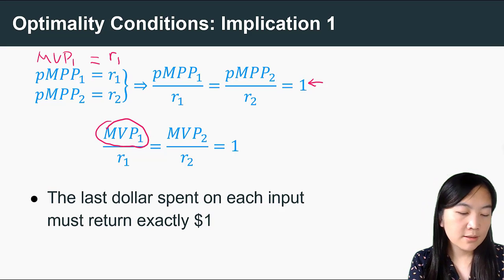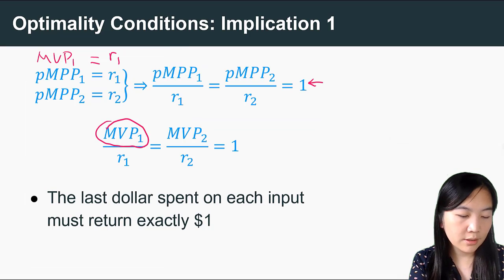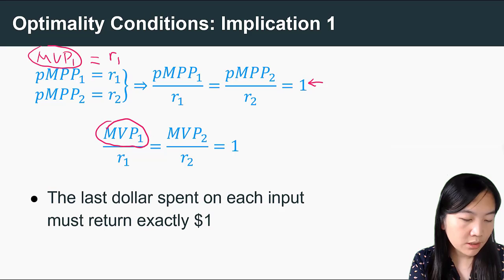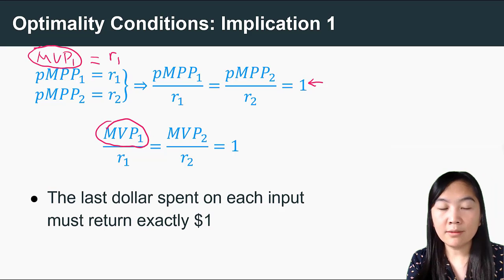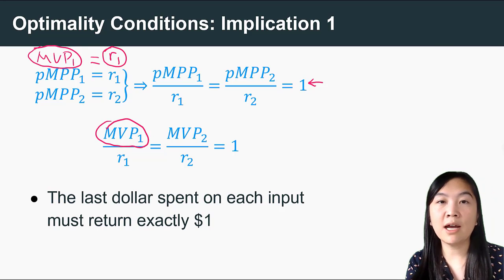That means the return on using one unit of input 1 is equal to the cost of one unit of input 1.